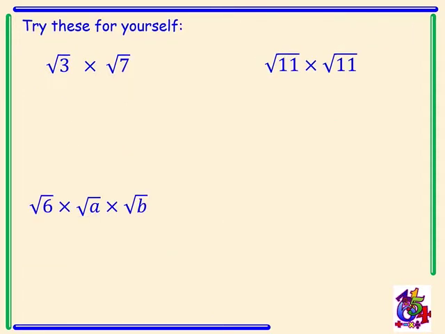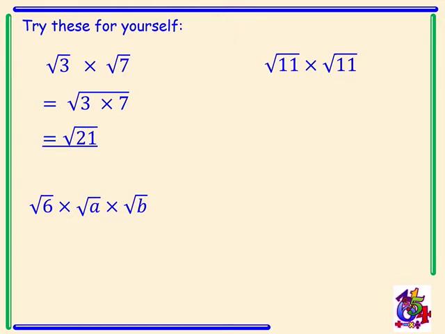Now try these examples on your own. Please pause the video. And the first example, here we can rewrite that as root 3 times 7, which is going to give us root 21.